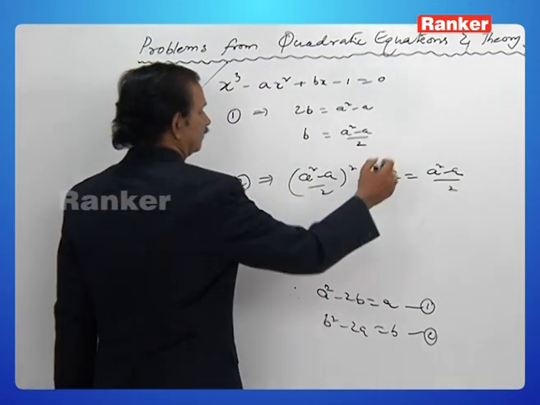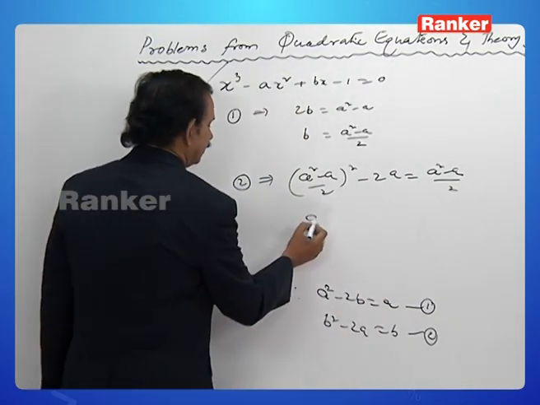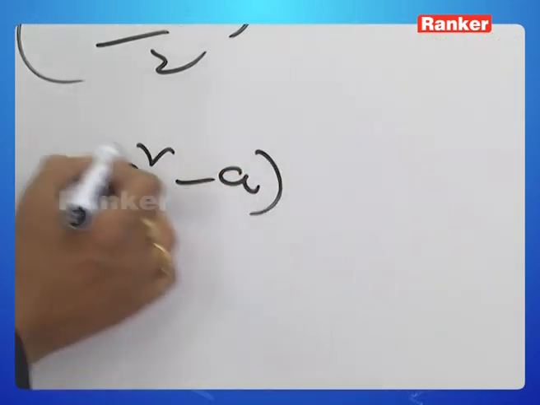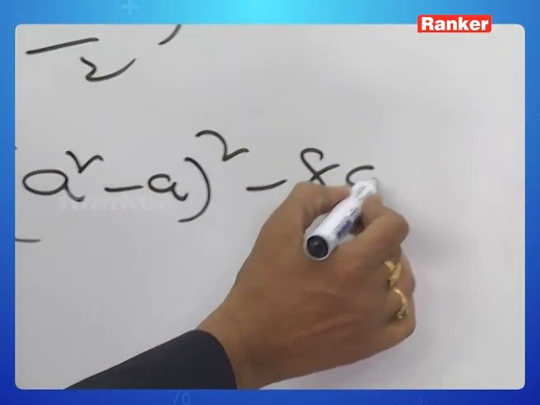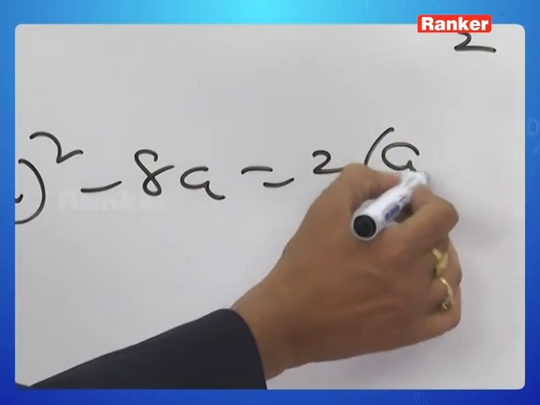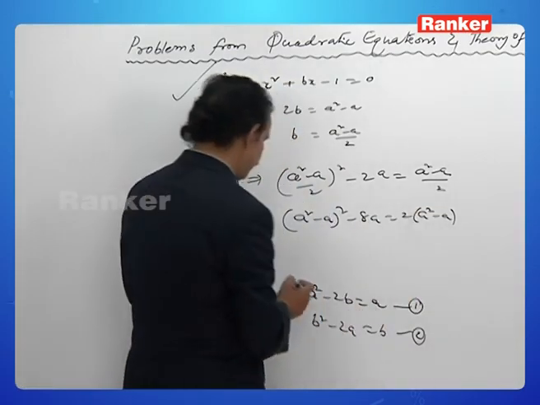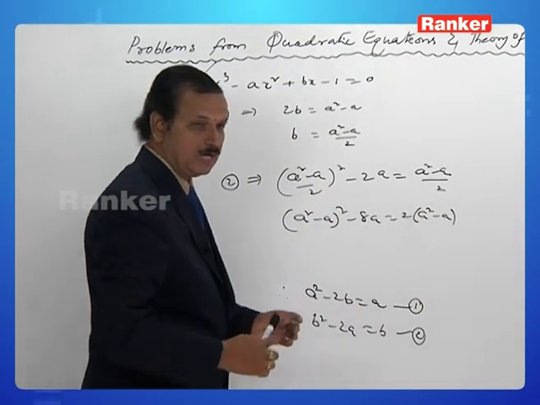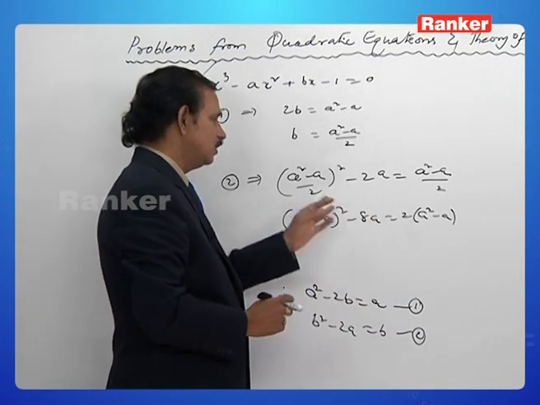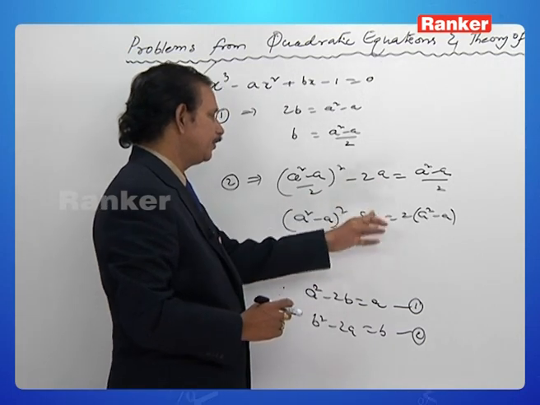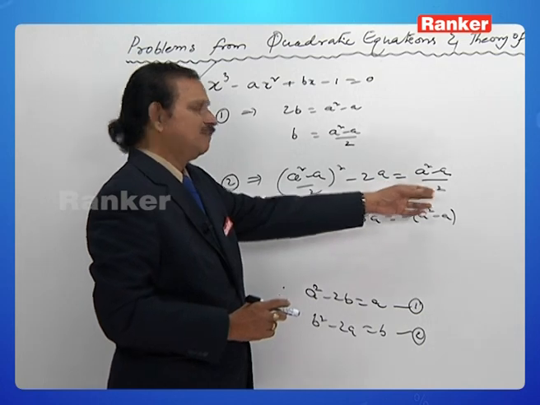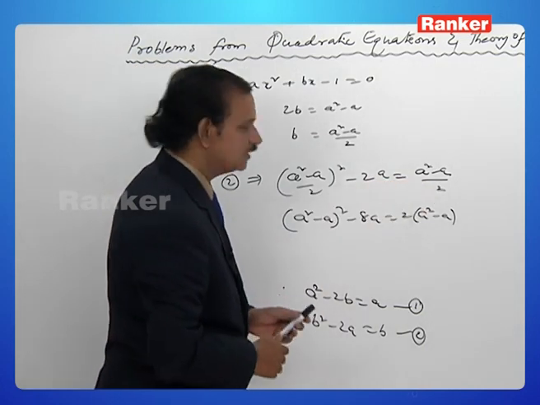Let me multiply with 4. a square minus a whole square minus 8a is equal to 2 into a square minus a. Right? I have multiplied this with 4. This 4 will go away. 4 into 2a is 8a. 4 into this is 2 into a square minus a.